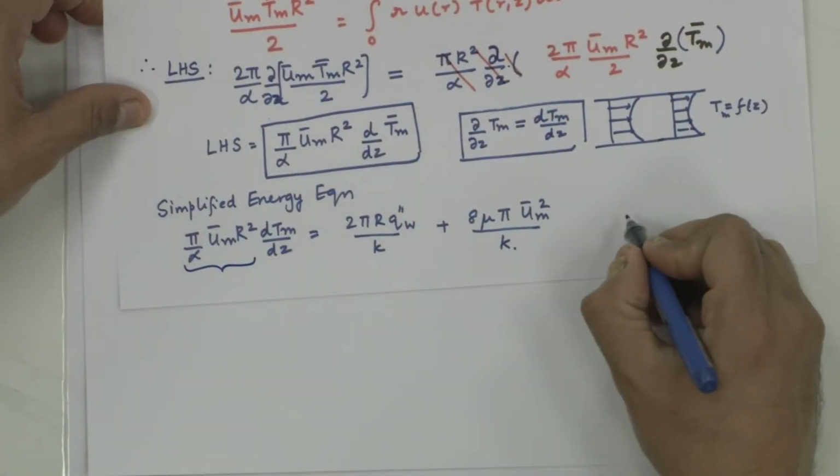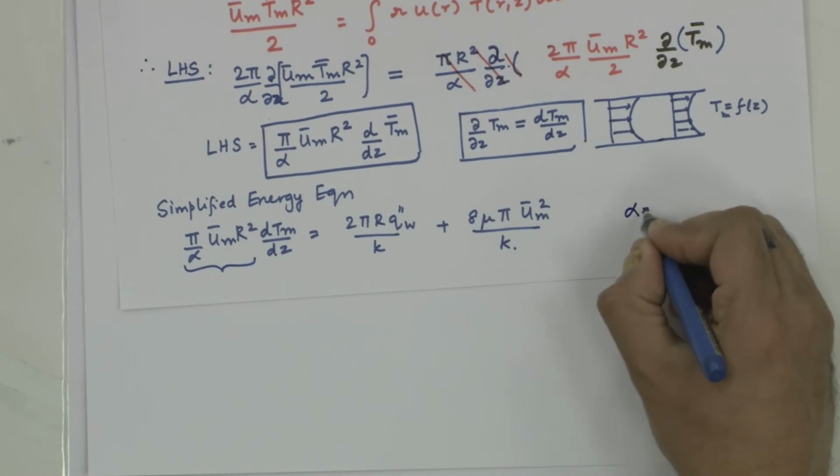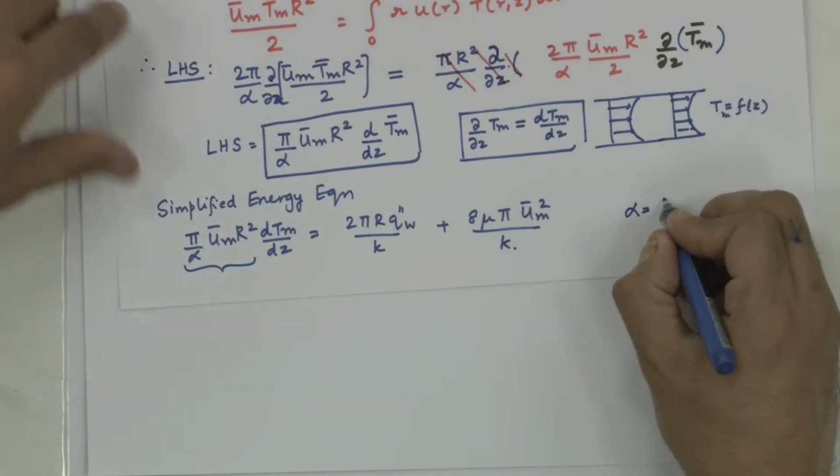I just want dTm by dz. So, I divide through by this left hand side quantity everywhere and also use alpha is equal to k by rho Cp.